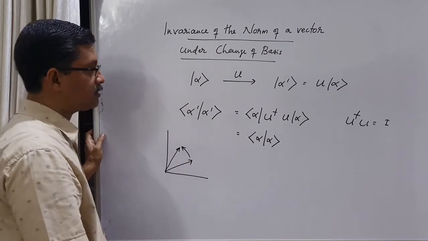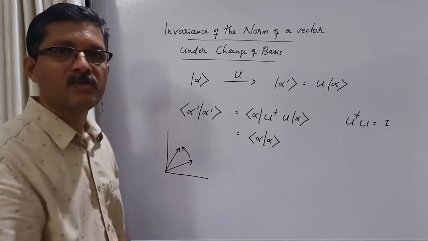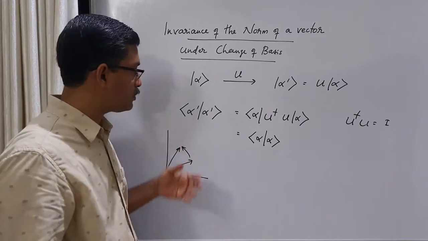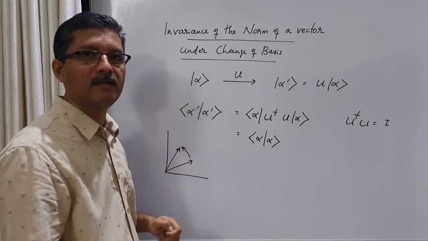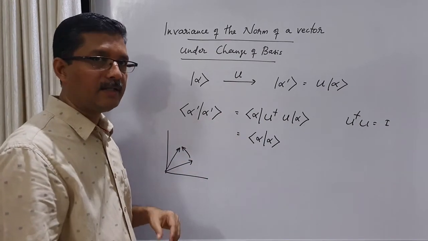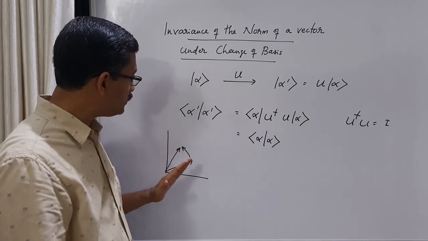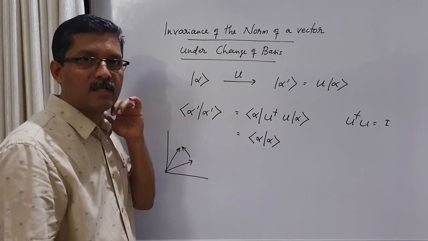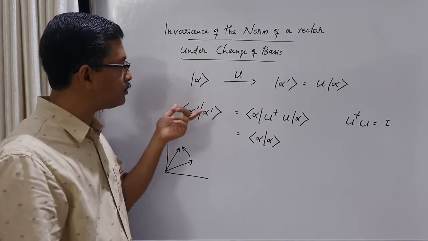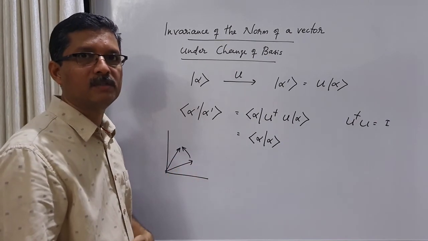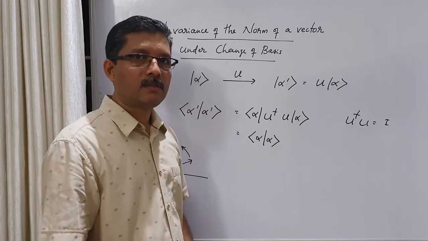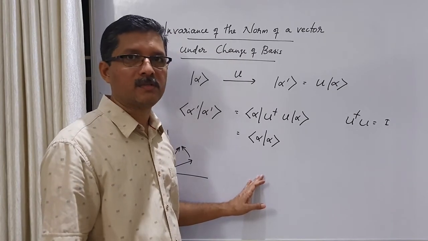So in an abstract n-dimensional space also, we can keep this idea. So if norm is invariant under change of basis, it implies that change of basis is some kind of rotation in a complex vector space. So this also gives the idea that change of basis is a rotation in a complex vector space. This concludes our discussion on change of basis.